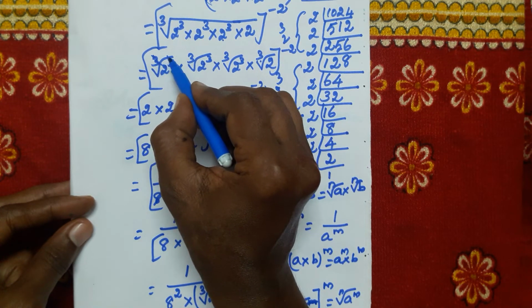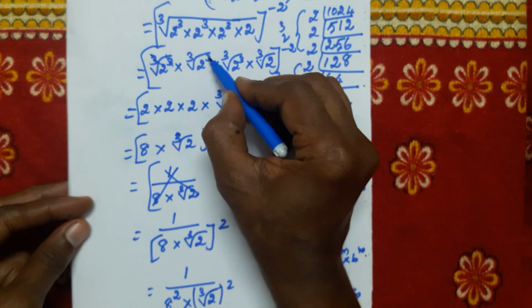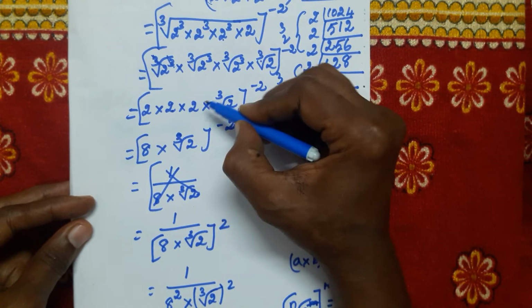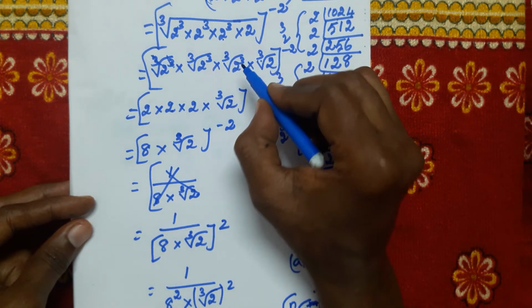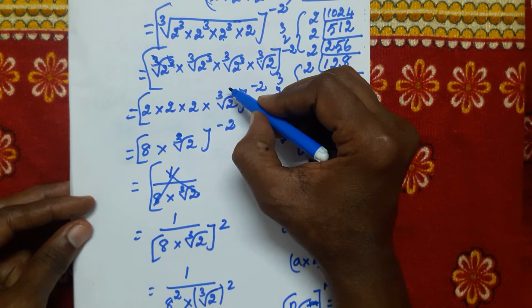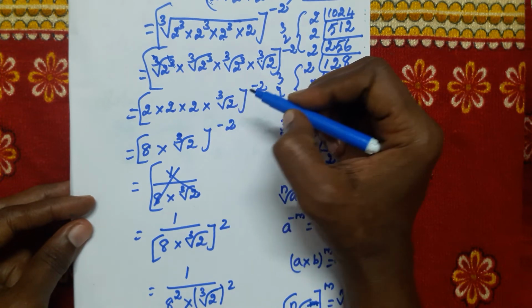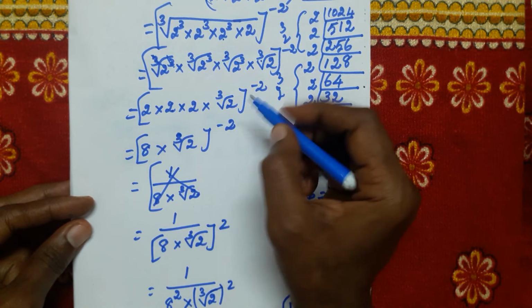Cube root of 2 cube is equal to 2. Here cube root of 2 we have to write the same. Why? Here power is not 3.